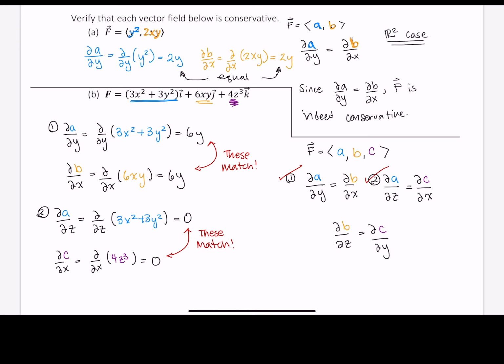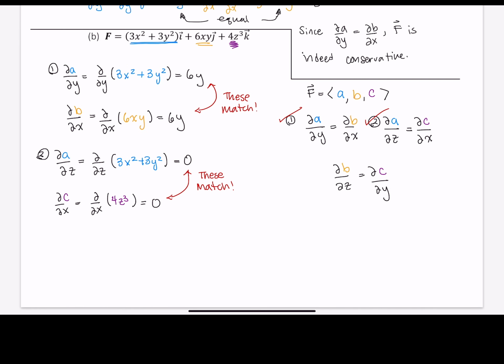We have one more to verify. Okay, as you can see, I made a little more space here so we can do number 3 here at the bottom. As we verify number 3, we verify the partial of this b component, that is the y, the second component here, with respect to z is equal to the partial derivative of the last component, c, with respect to y. So that's what we're verifying here. And actually, I should stick to how I've been doing these.